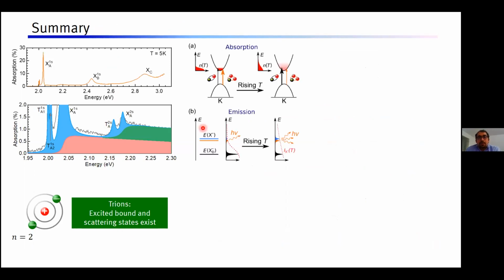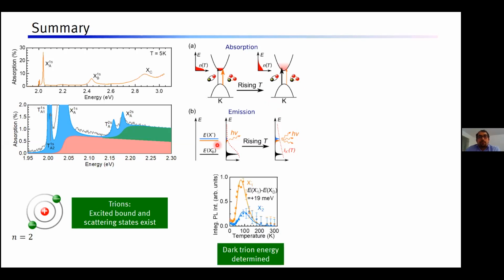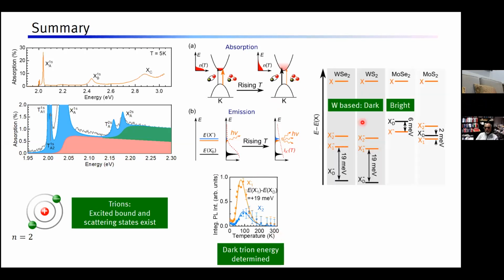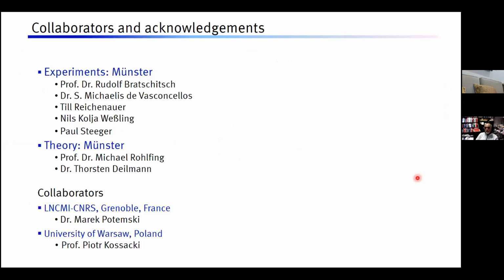And then we say that using a simple Pauli blocking picture, we can explain the absorption processes as a function of temperature. We find that the emission can be explained by a Fermi-Dirac distribution, and we find that tungsten-based materials are dark, MoSe2 is bright, whereas MoS2 is a mixed bright-dark material.